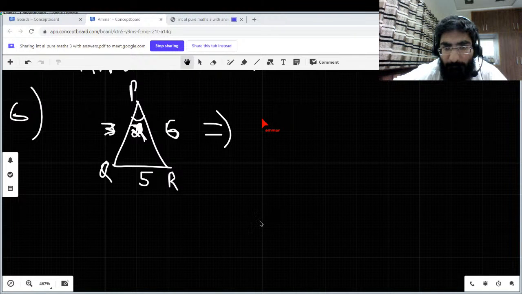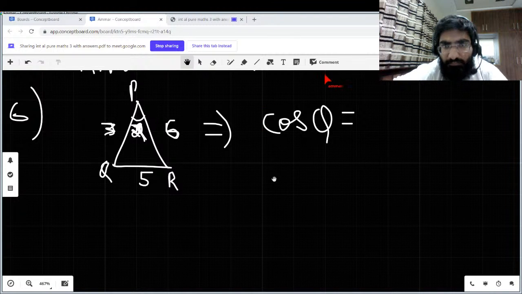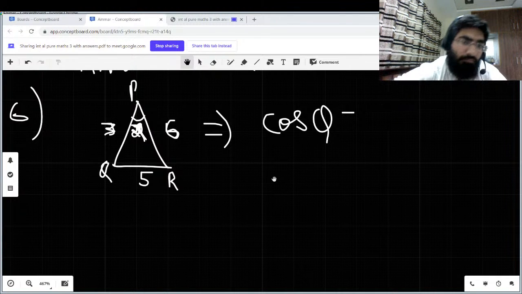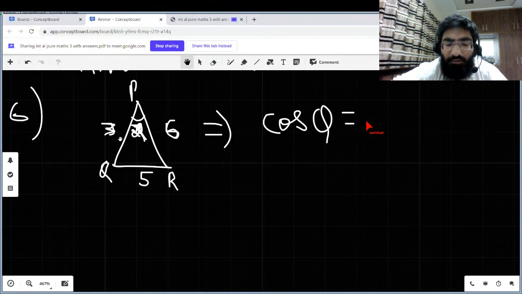Cos theta is equal to a square plus b square minus c square... It will be a squared.